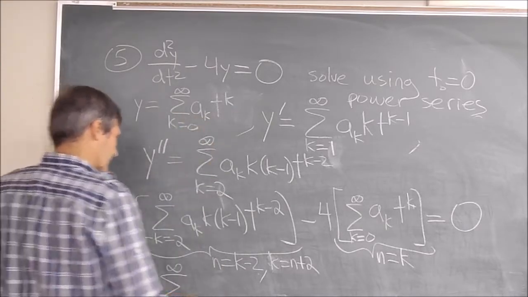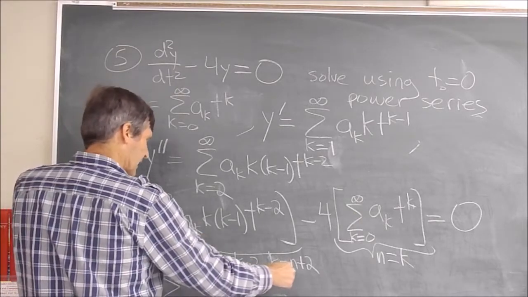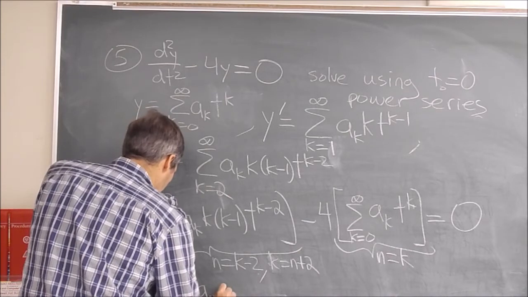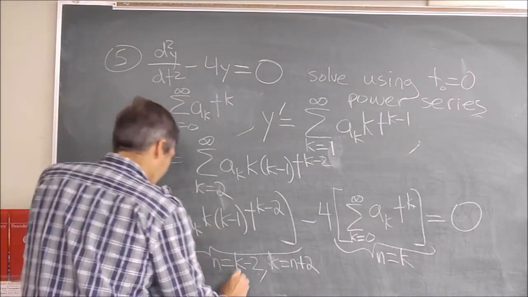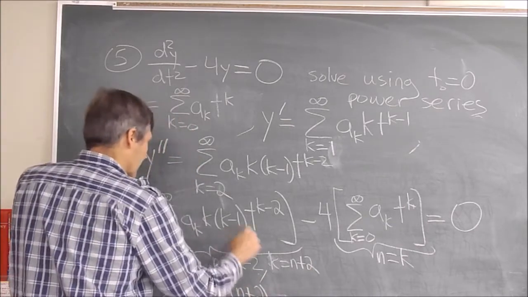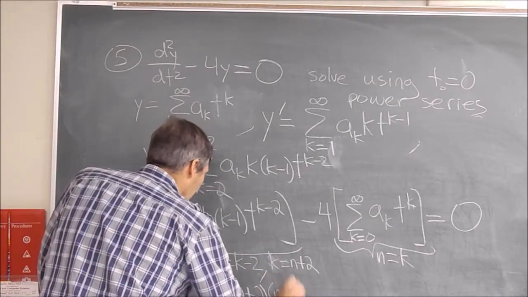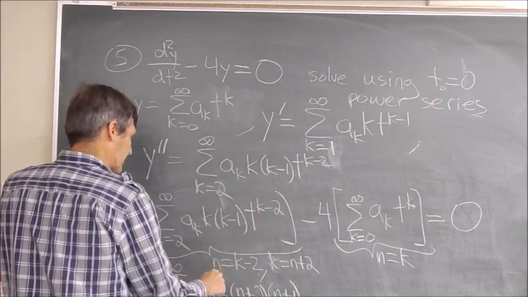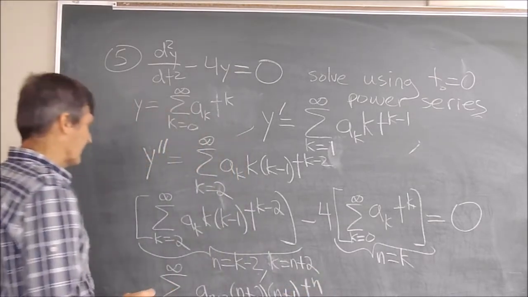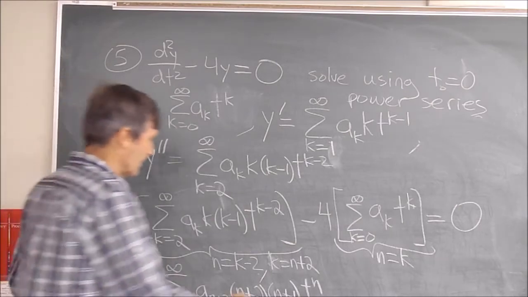All right, and now a_k becomes a_(n+2), k becomes n plus 2, k minus 1 is 1 less, it's n plus 1, and t to the k minus 2 is t to the n. So that's the first series, rewritten with a new dummy index.